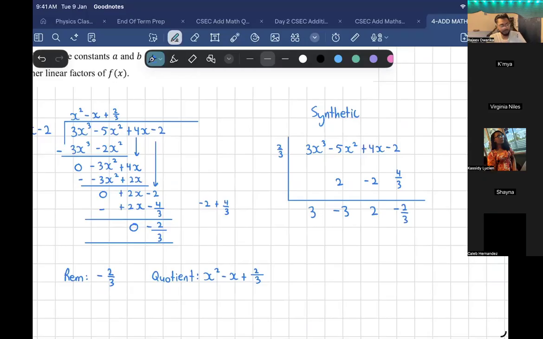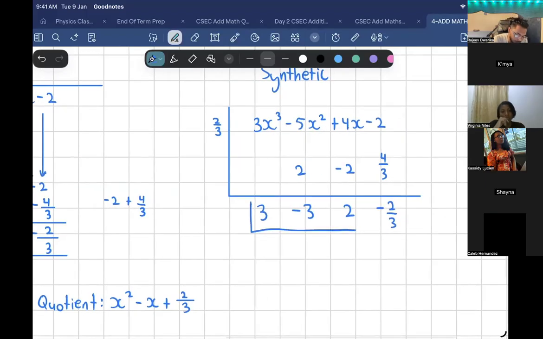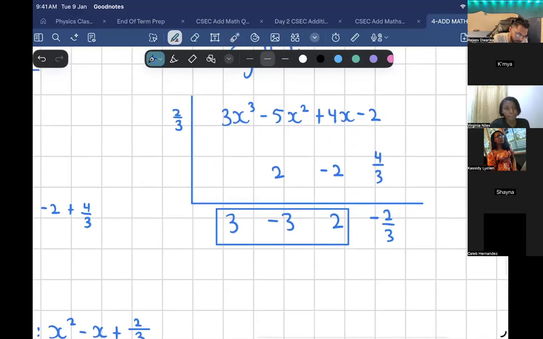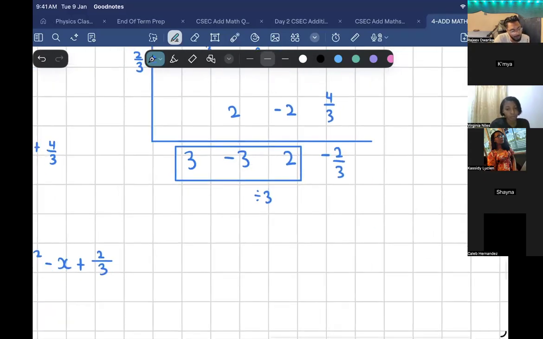So the only thing I can think of is that you would possibly have to take this and divide it by 3. If I divide that whole thing by 3, what would I get?